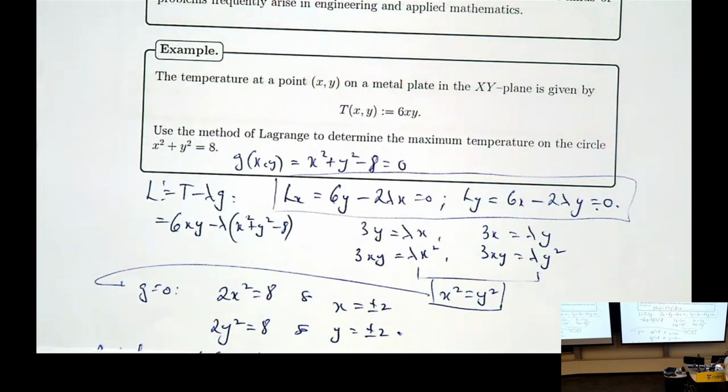So if I use my constraint equation, I'm going to get a few different points. And then it's a matter of taking those points and calculating the temperature at each of them, and then comparing them.